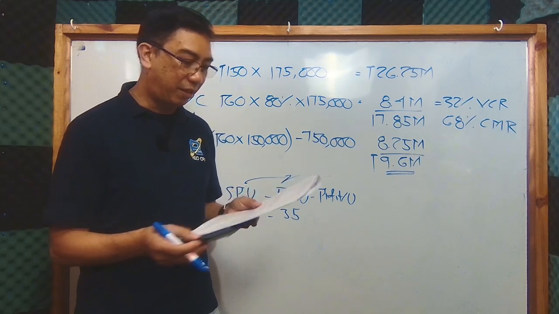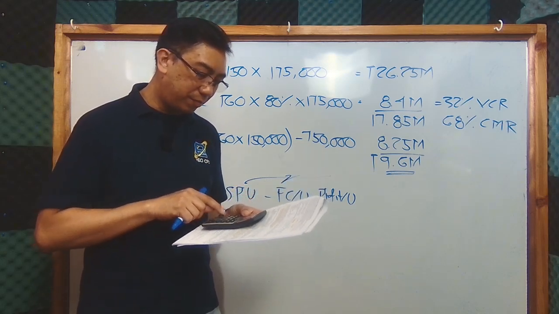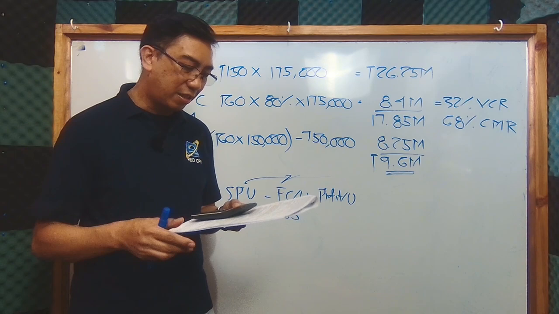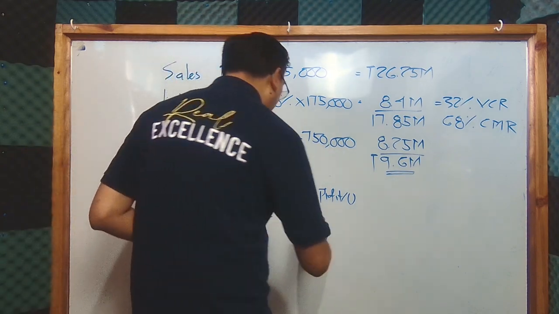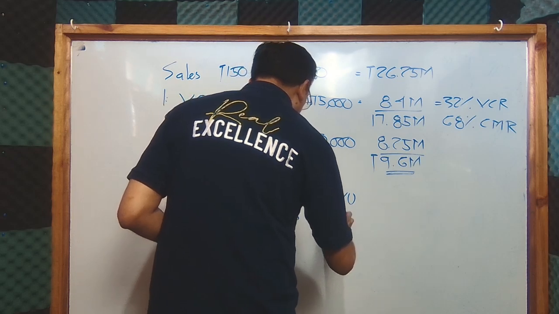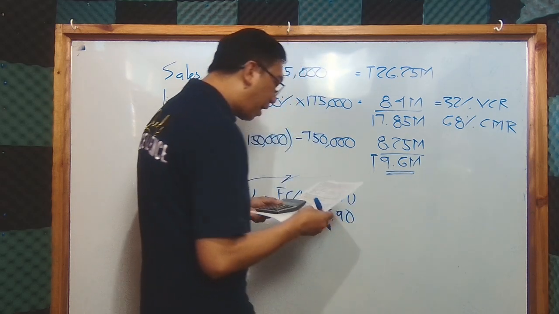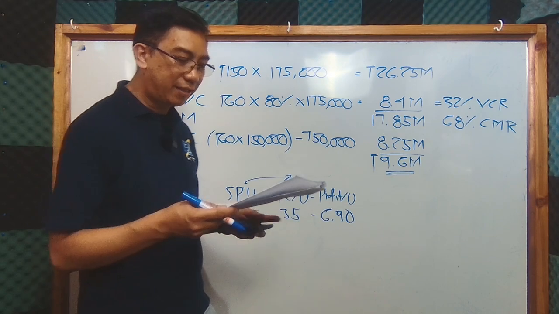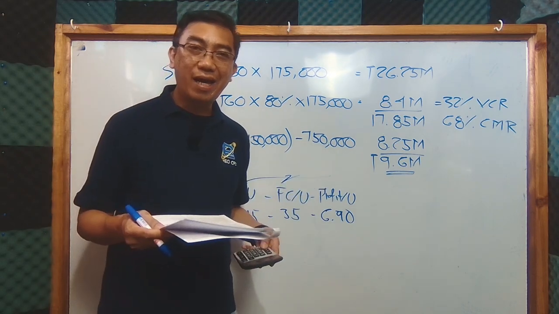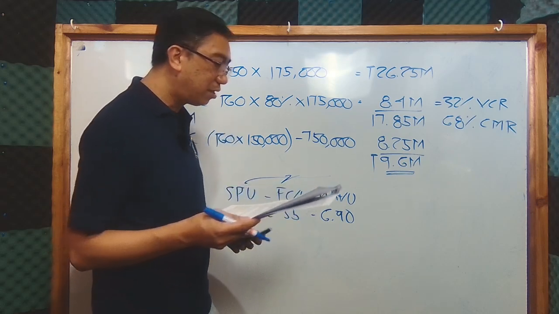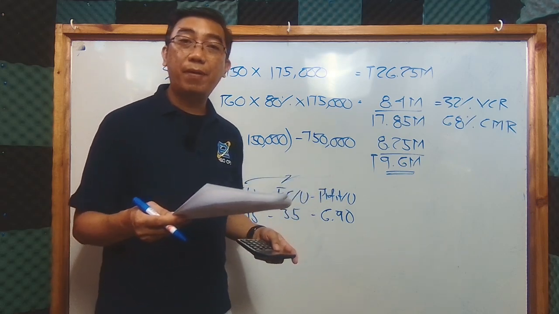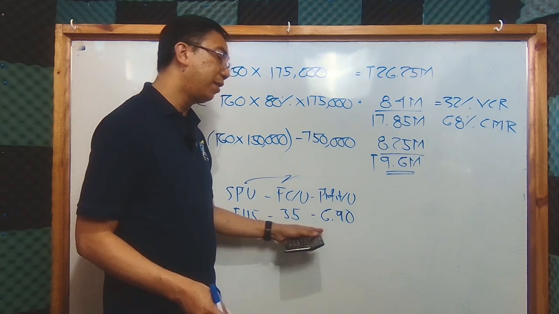Therefore, 115 times 0.06 will give us how much? That is 6.9. Okay, minus 6.9. So, ano gamit ngayon? Yung 40% na tax rate na nakalagay doon. Wala siyang gamit because the basis of 6% is already operating income, meaning naka-before tax na yan.